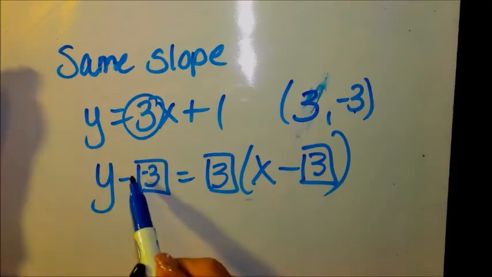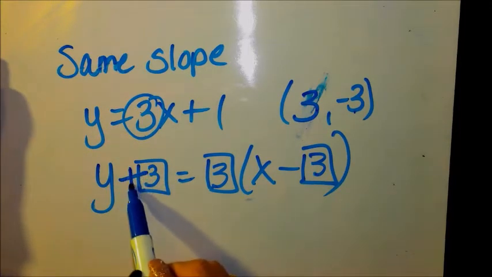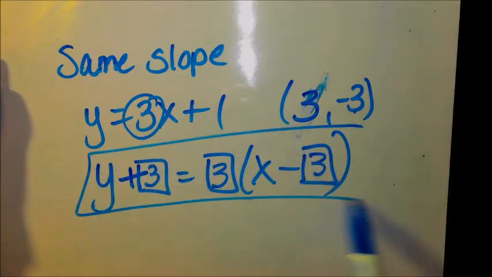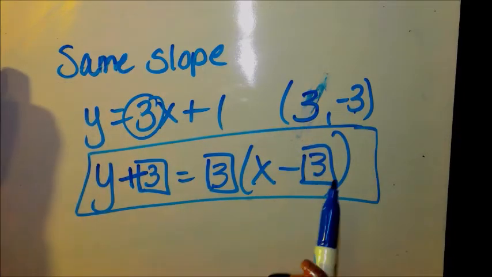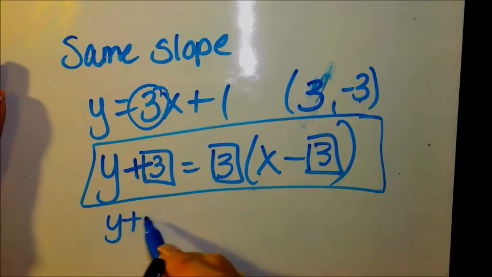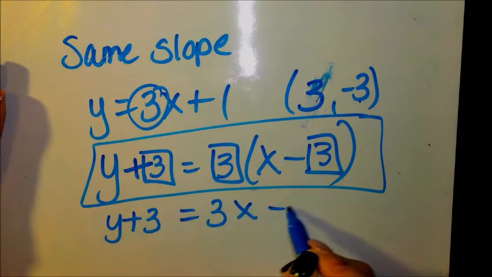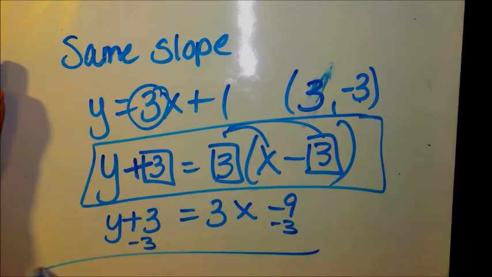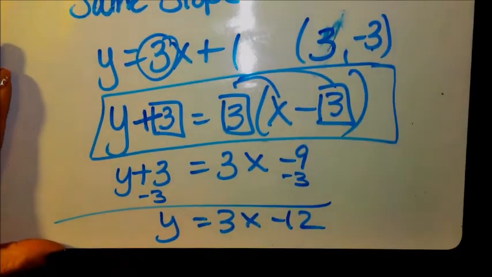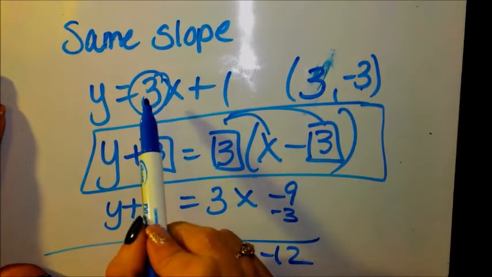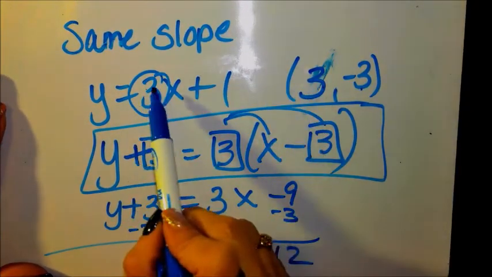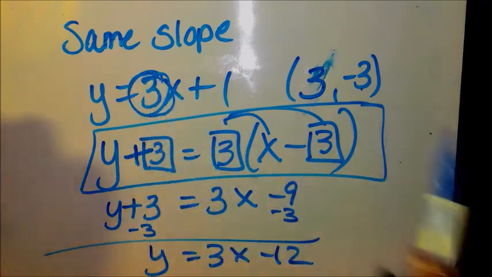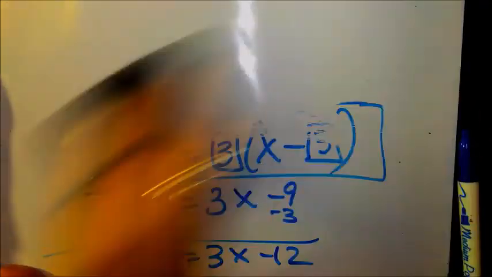When you have two negatives, you bump them together and make a gigantic positive. Here's your equation. Watch for what form I ask it. Typically, I would say put it in slope intercept. 3x minus 9, and I would subtract 3. I know that's fast. 3x minus 12. And there it would be. So, if I give you a line parallel with a point, parallel lines have the same slope. If you can get it set up, I feel like you'll be able to find out the equation.